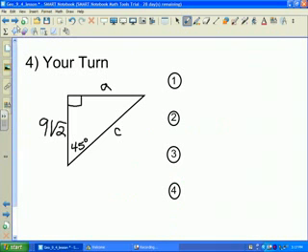I'm going to slowly start putting the steps in here so you guys can make sure you're correct.